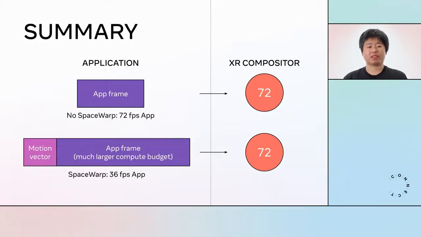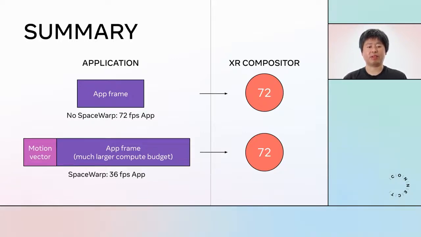In a 36 fps Spacewarp setting, the application is responsible for rendering not only its eye texture, but also now populating this motion vector texture and depth. But the key here is that our composition software is still rendering at 72 fps, so our screen refresh rate does not change.